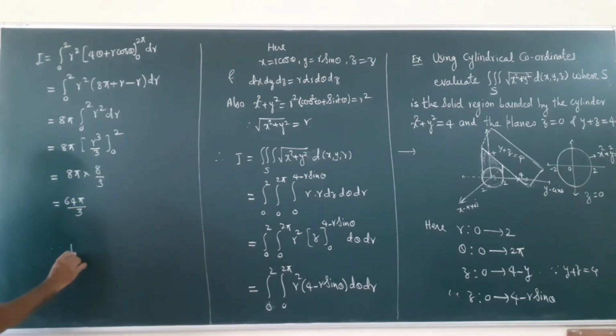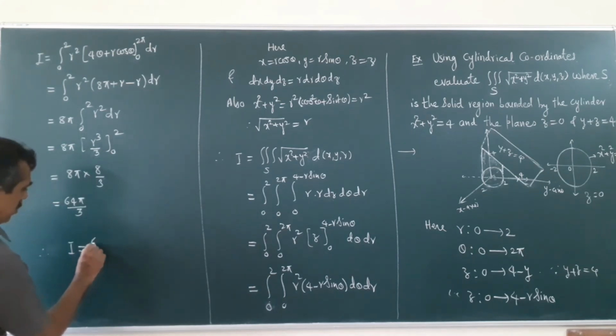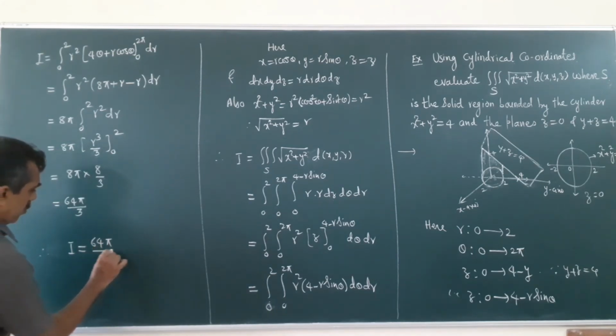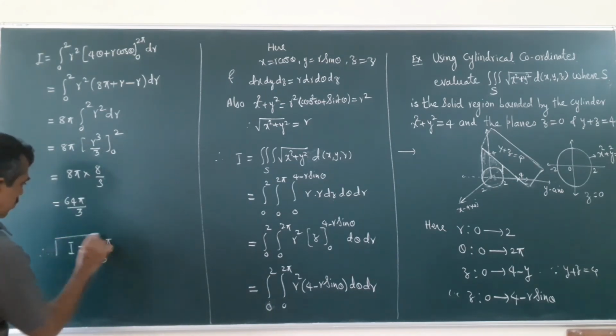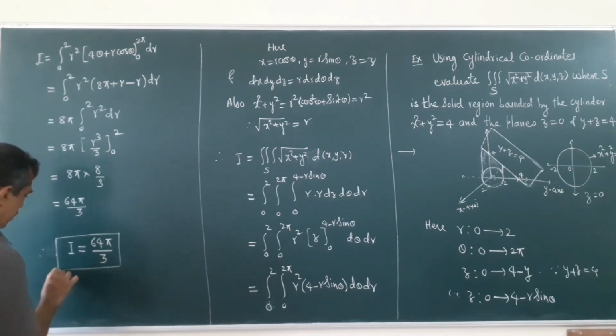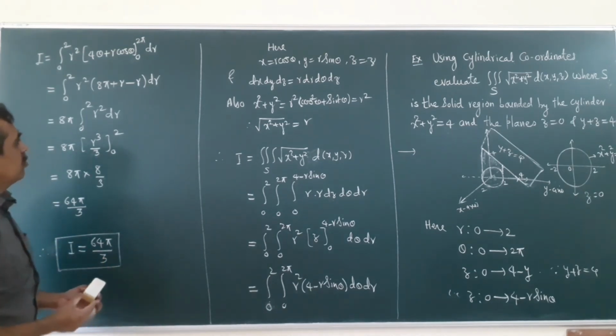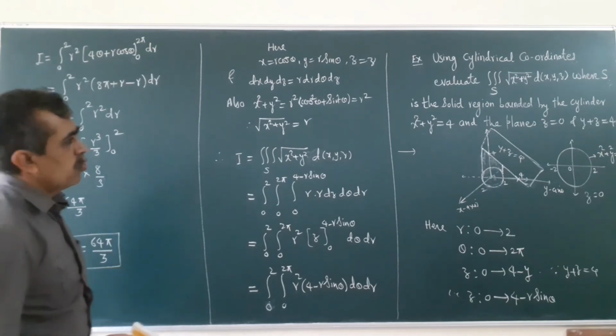Therefore I is equal to 64 pi by 3. So this is how you can do the calculation.